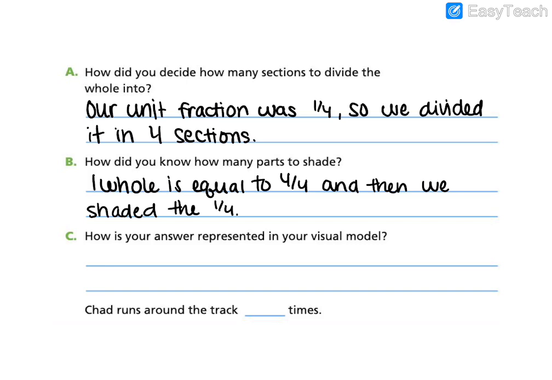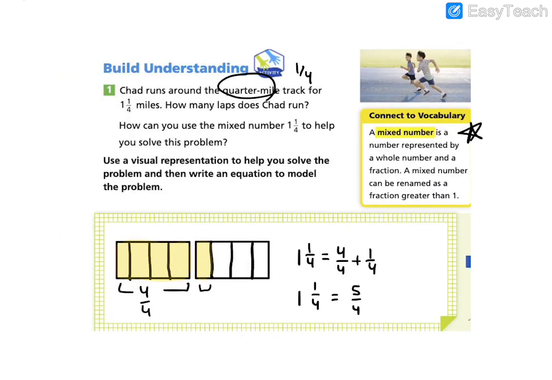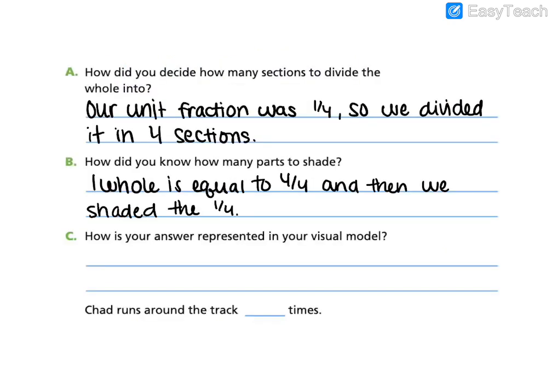How is our answer represented in the visual model? Remember, we're trying to find how many laps Chad ran. So how many shaded sections are there? There's 5 shaded sections, right? So our answer is represented in each shaded section. So each shaded section is 1 lap.